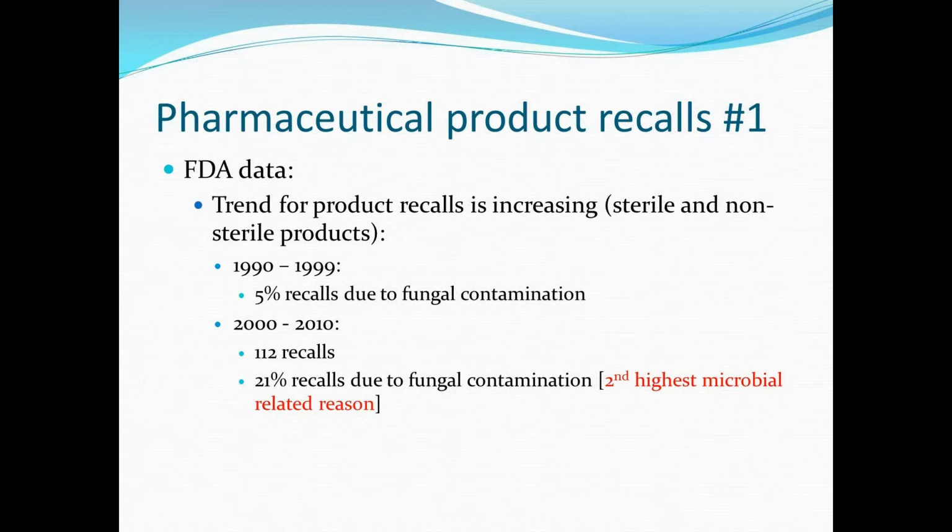And that's a trend that's carried on into recent years, as any kind of scanning of FDA warning letters indicates. The data also tells us that the number of recalls relating to fungal contamination has also risen.